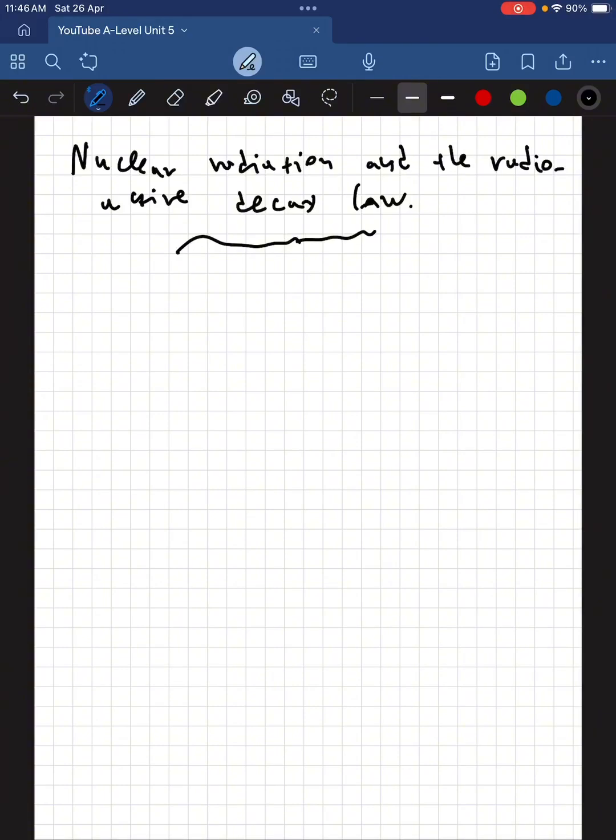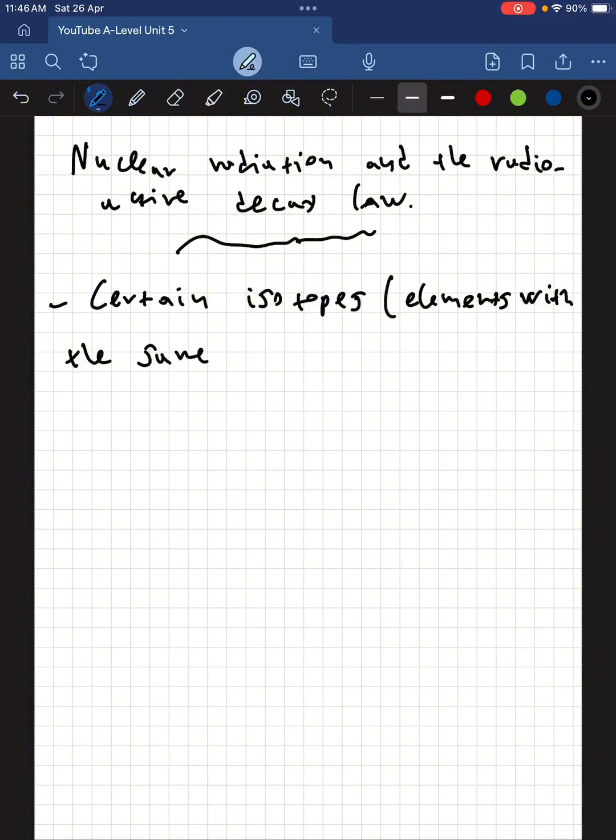So let's recap by mentioning that certain isotopes, and again, isotopes are elements with the same Z, the same atomic number, but different mass number, or certain nuclei, are unstable.